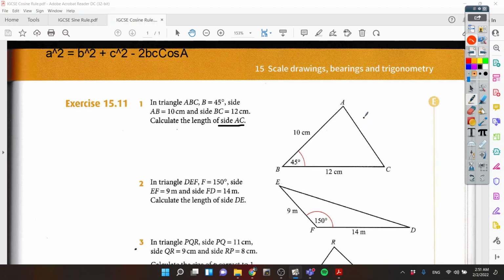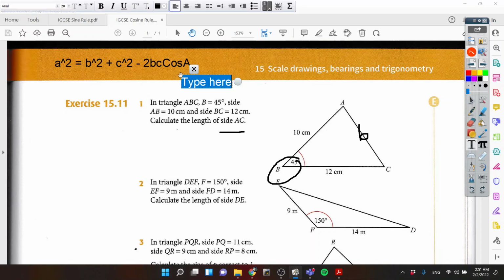This is the piece we want to find, and I'll label it lowercase b because it's across from big B. Notice here we know angle B, so the form I'm going to use has cosine B. Up here I'm going to start with B squared equals A squared plus C squared minus 2AC cosine B.